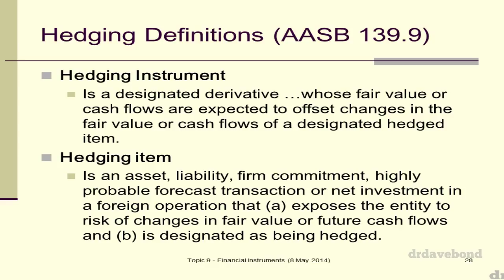That is a liability which does expose the entity to a risk of change in fair value because the fair value of that liability will change based on foreign currency movements. So if you owe $100,000 US and currently the Aussie and the US are at parity, that liability to you is $100,000. But then if the Aussie dollar weakens against the US dollar, you might end up having to pay $120,000. So you are exposed because of a liability on your books now, you're exposed to a risk of changes in fair value.